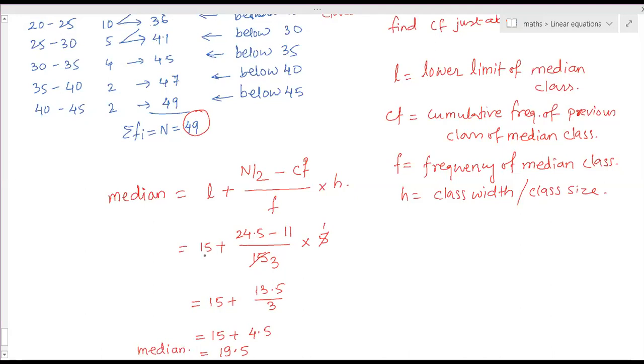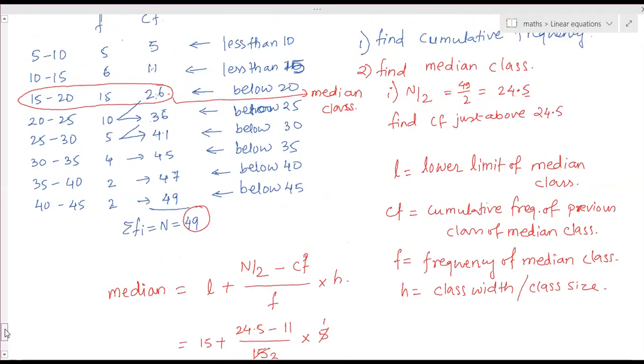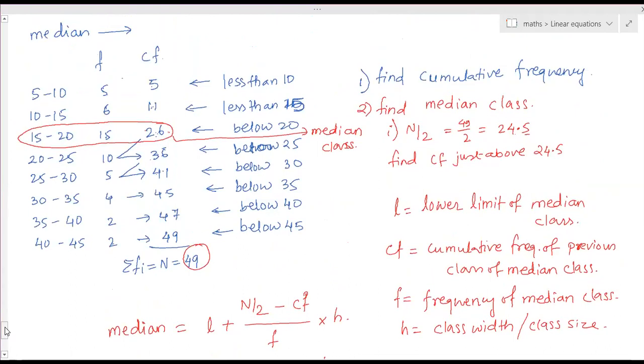You have to remember the formula and what the symbols mean. We have to take the above one, just above the median class. The other things are related to that median class only.